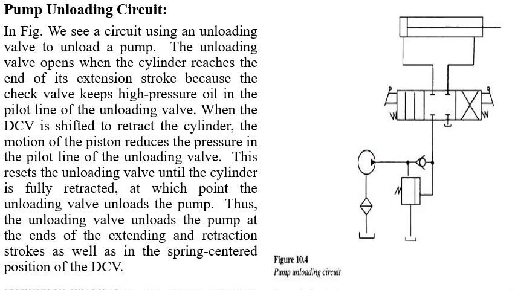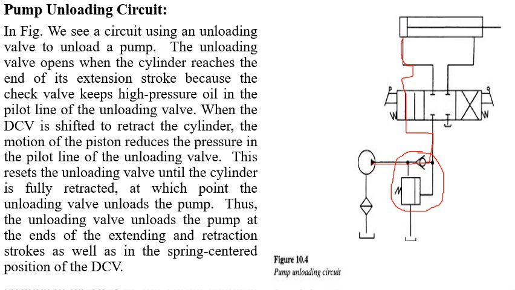In this figure, the unloading valve opens when the cylinder reaches the end of its extension stroke. Why? Because the check valve keeps high pressure oil in the pilot line of the unloading valve. Look here. When oil from the pump goes during the extension stroke, it connects like this.